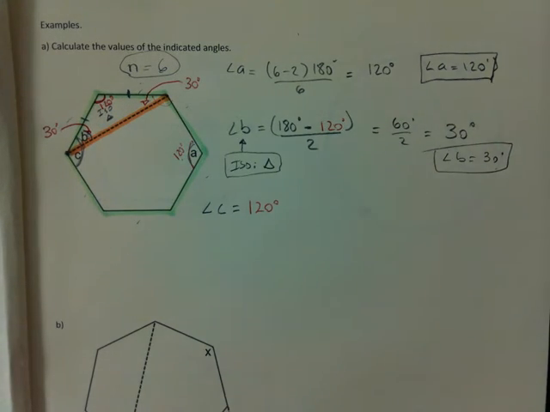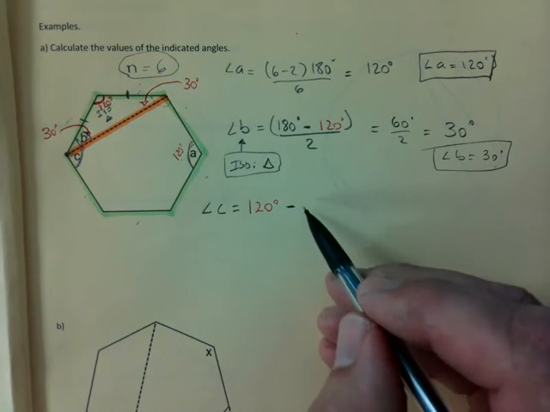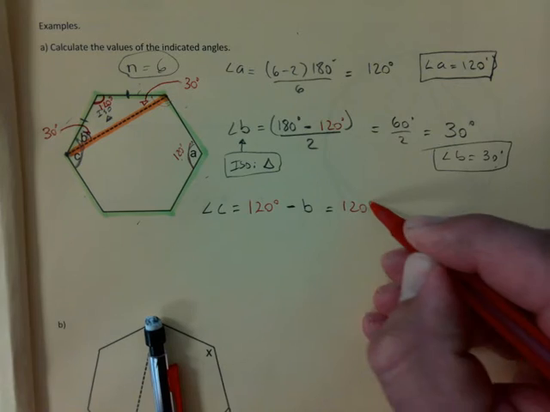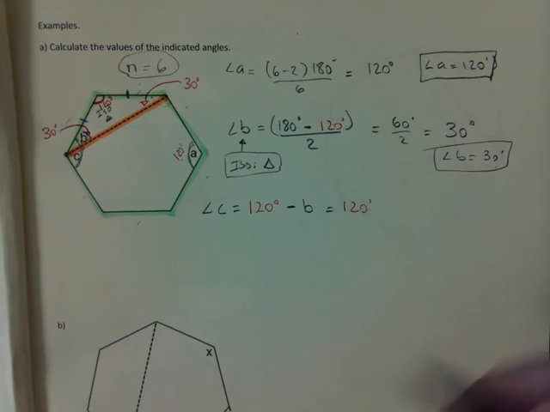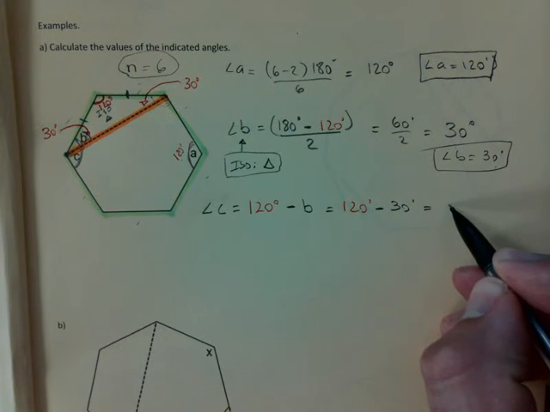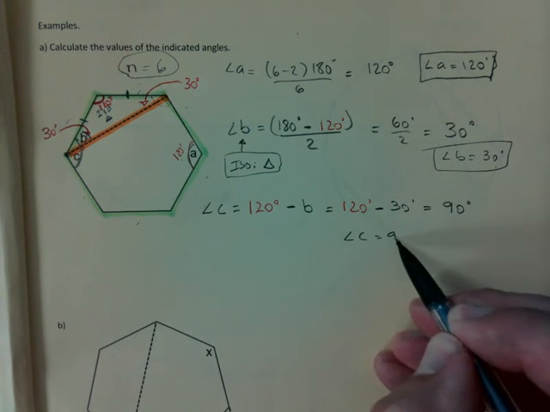What am I going to do to get C? Minus 30, but I'm going to do this in your notes, okay? I'm going to go minus B, which in turn ends up being 120 minus 30, which is 90 degrees. So angle C is 90.